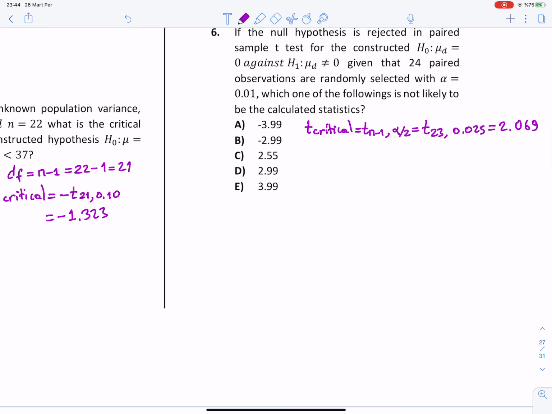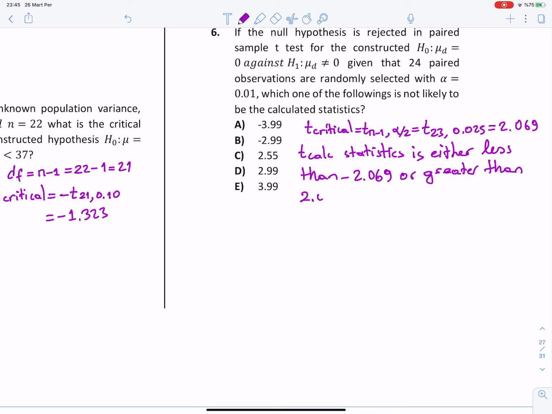So for rejecting this hypothesis, the T calculated statistic should be either less than minus 2.069 or greater than 2.069 to reject the null hypothesis.